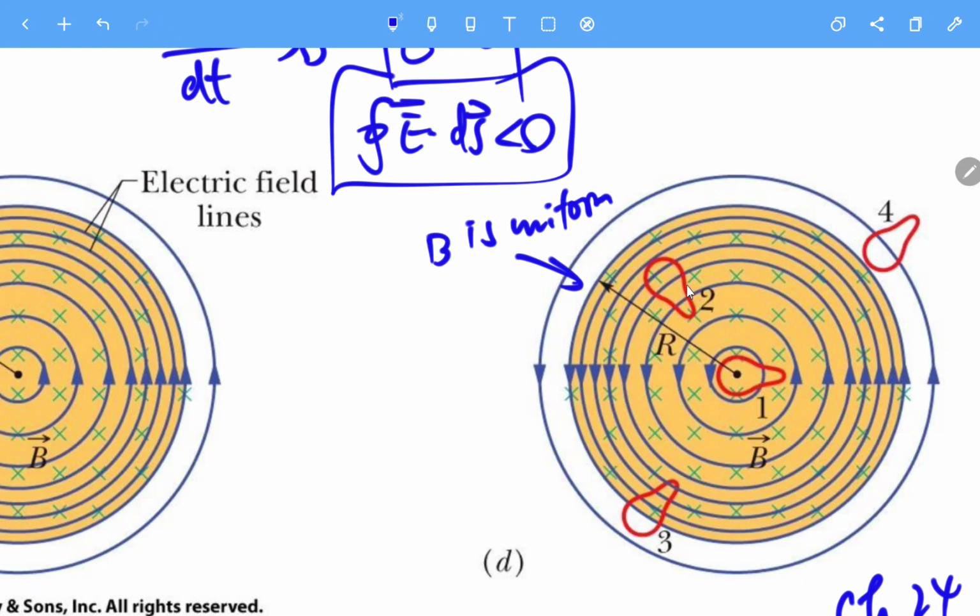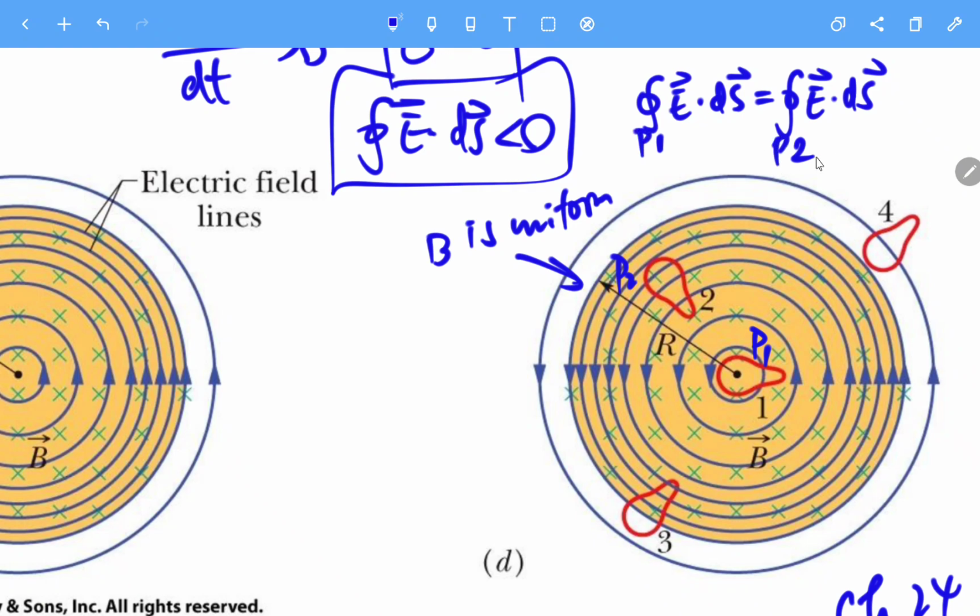So in that case, we will consider the integration of E dot ds for path 1 should be the same as the integration of E dot ds for path 2. We can use P1, P2 to identify them. So these two should be the same. And for path 3, part of it is outside.